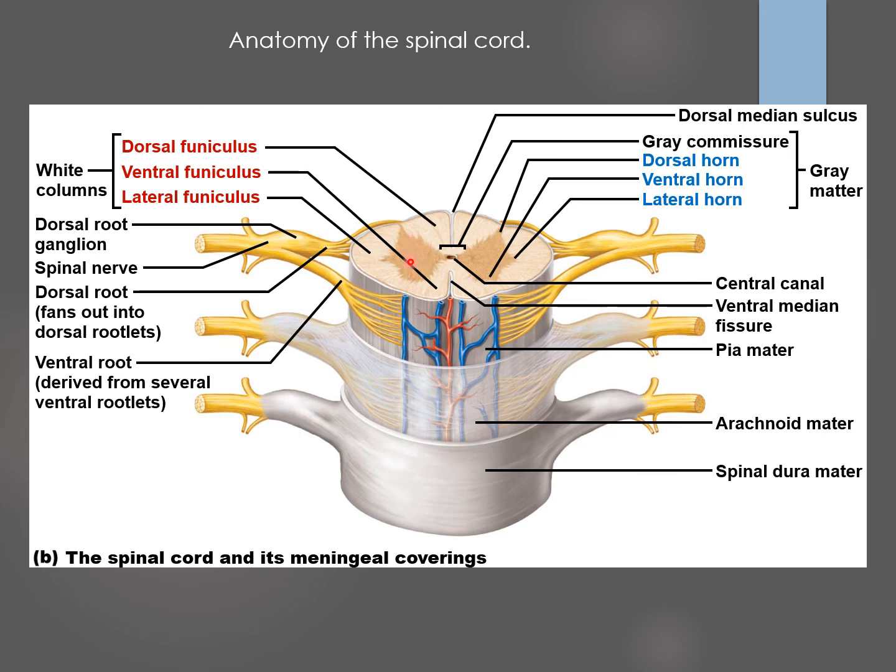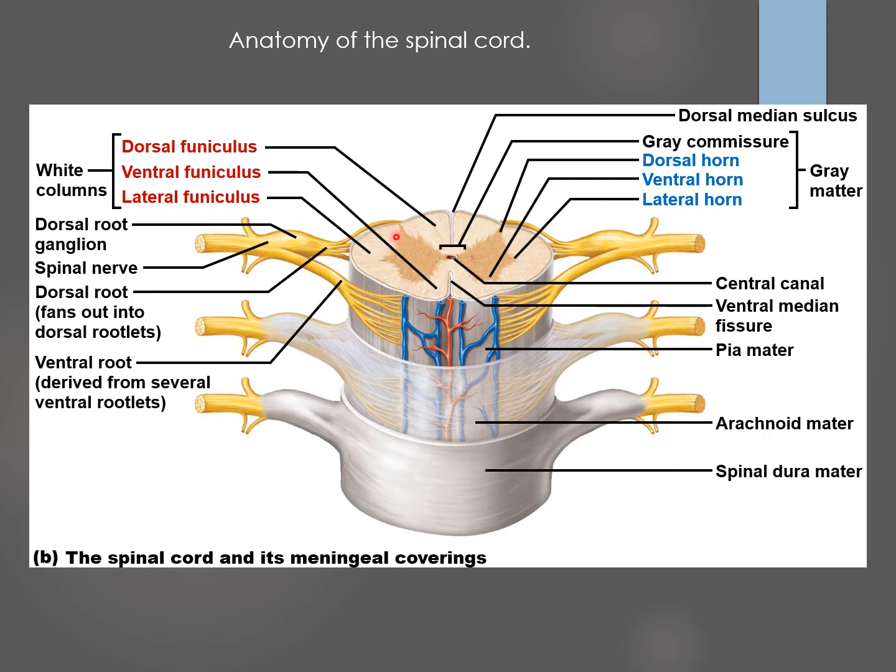The interneurons will communicate with motor neurosomas that are in this large area here called the ventral horn. There's a ventral horn on both sides. And then that motor neuron or the motor neurons will send the impulses via their axons through these rootlets and back out to the effectors.